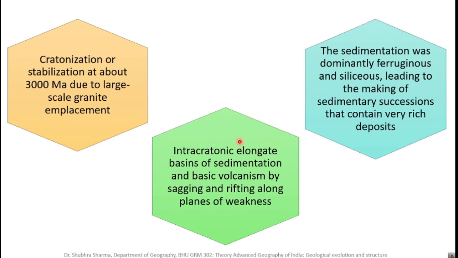We'll discuss this with the help of a map a little bit later. And if you talk about the dominance of minerals within these sedimentary rocks which were deposited in the basin, they are dominated by iron and silica. So these rocks contain very rich iron deposits as well.